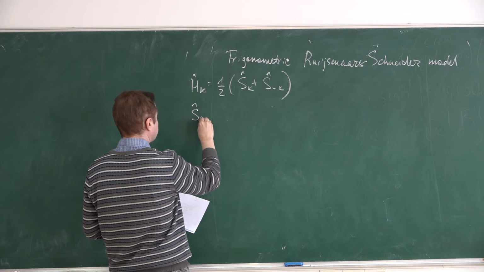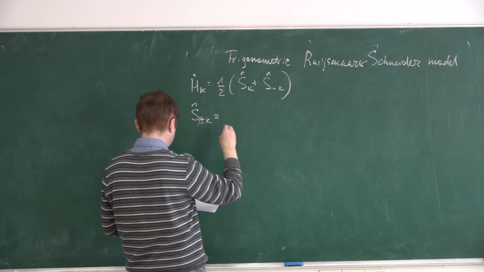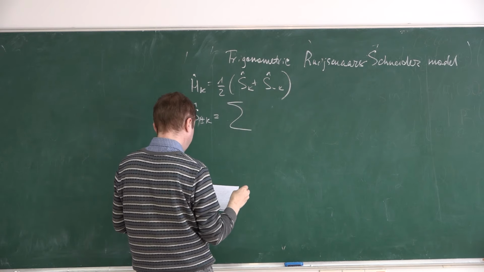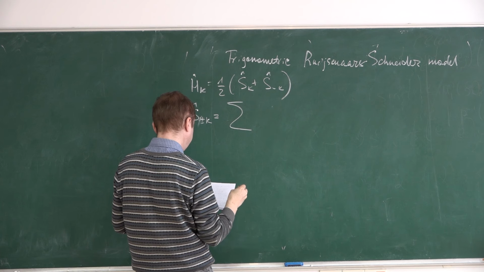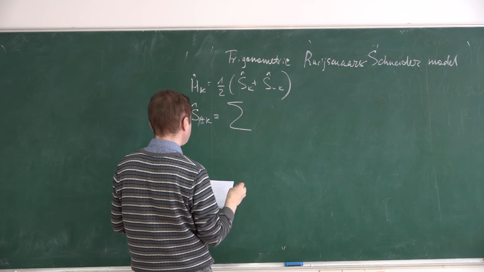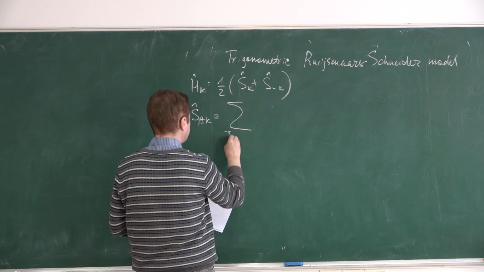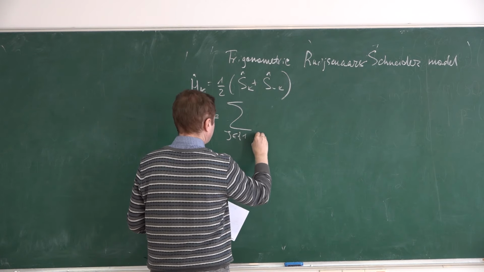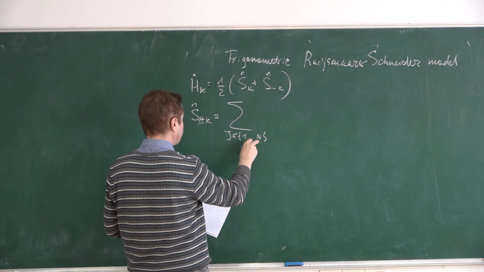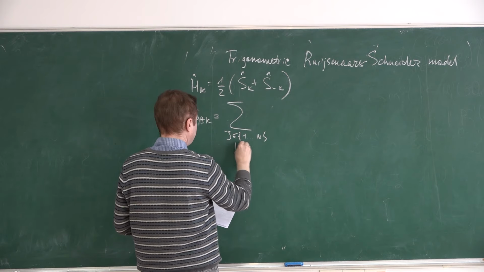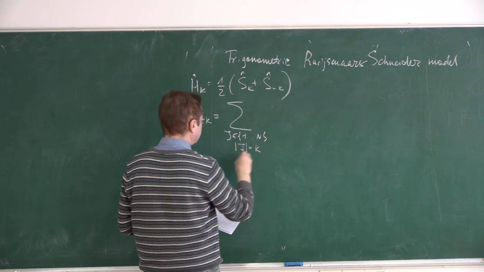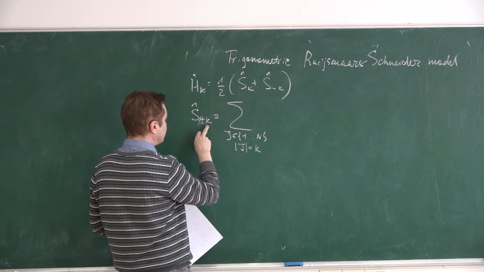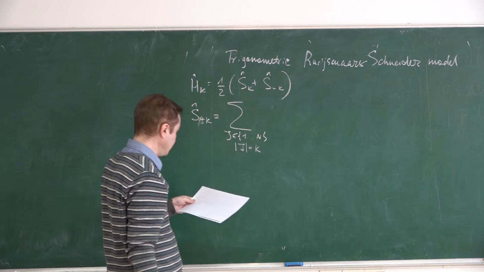S plus minus k is equal to a sum over all possible subsets of indices. So we have n particles, and the sum goes over all subsets of degree k, where k is this number.